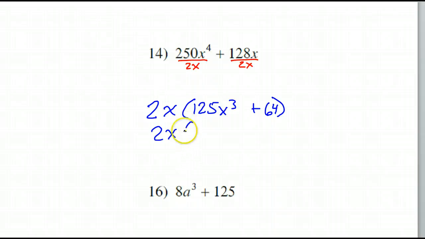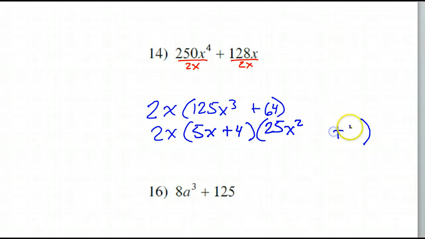So I know it's going to factor as a binomial and a trinomial. So this part is back to what we were doing before. The binomial is going to be 5x plus 4. The root and the root. If I take these two terms and I square them, from the 5x I'm going to get 25x squared. From the 4 I'm going to get plus 16. 4 times 5 is 20.